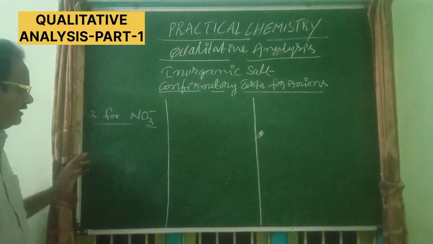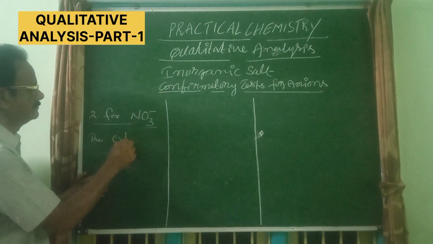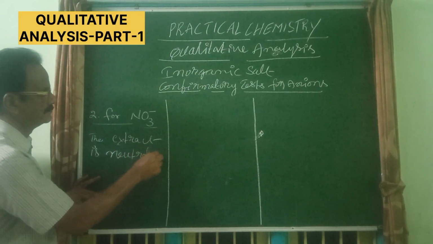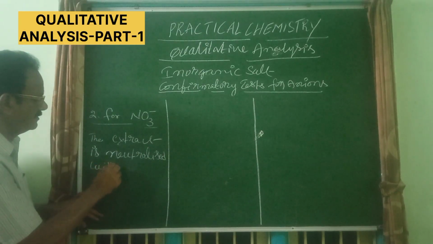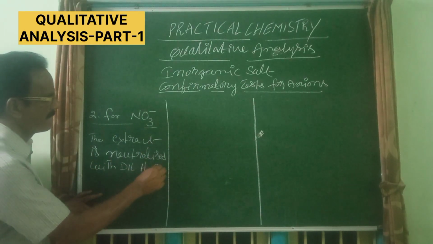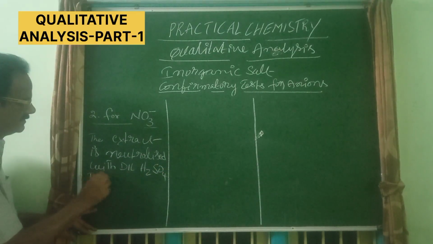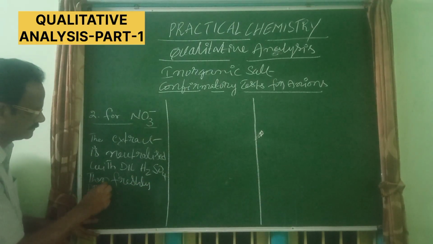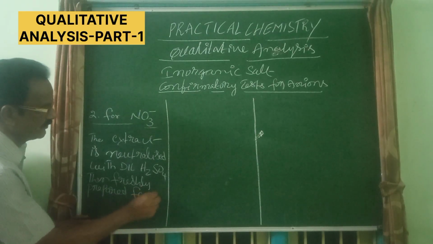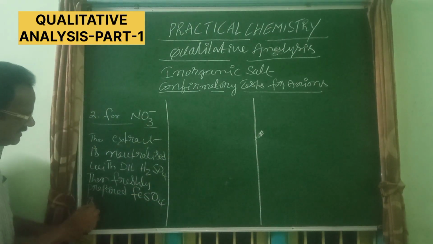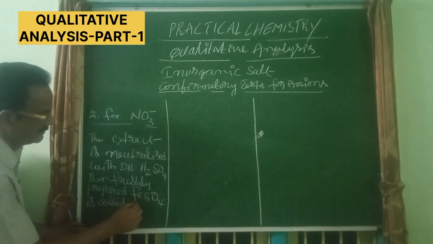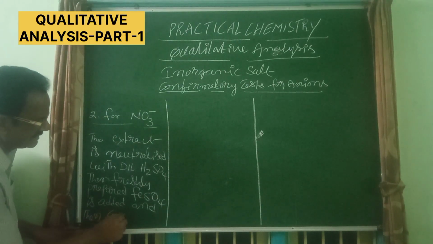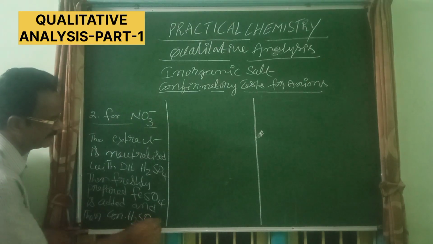The extract is neutralized with dilute H2SO4, then freshly prepared, keep in mind, freshly prepared FeSO4, that means ferrous sulfate, is added, and then concentrated H2SO4 is added.